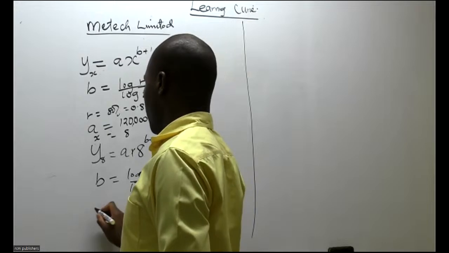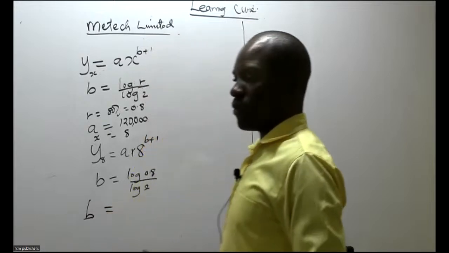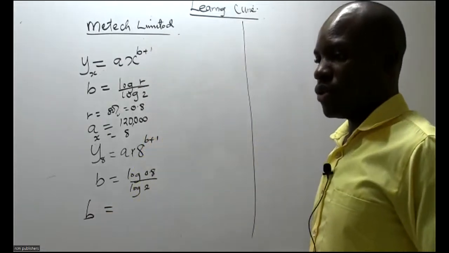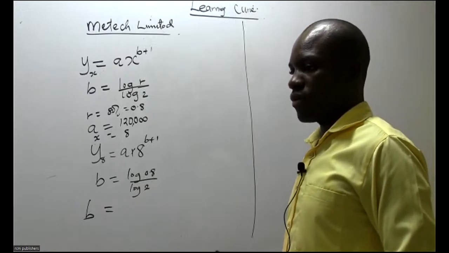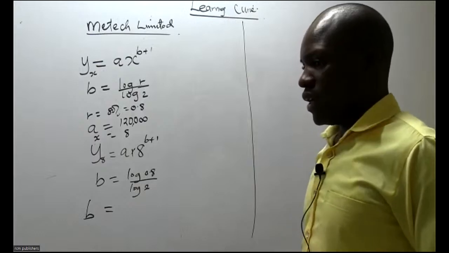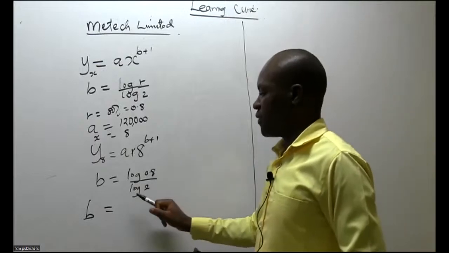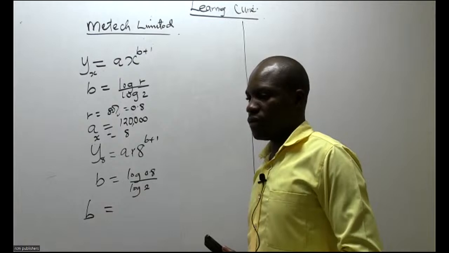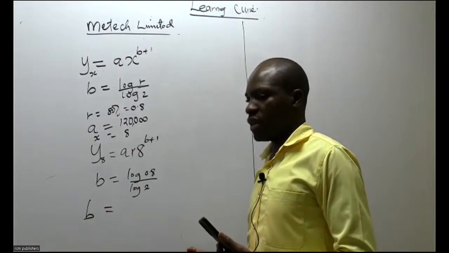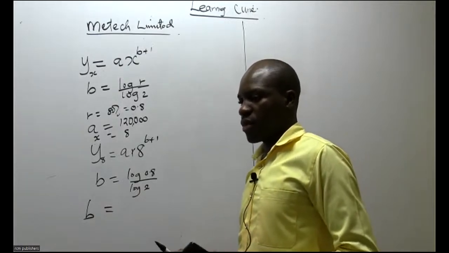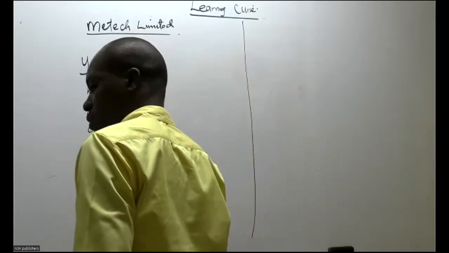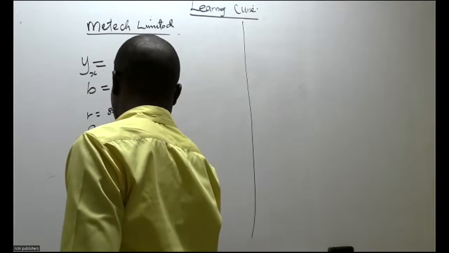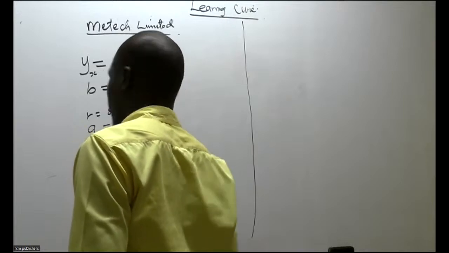So what will be the value of b? Somebody to give us the value of b. Just go to your calculator: log 0.8 divided by log 2. What do you have, to at least 4 decimal places? Negative 0.3219.